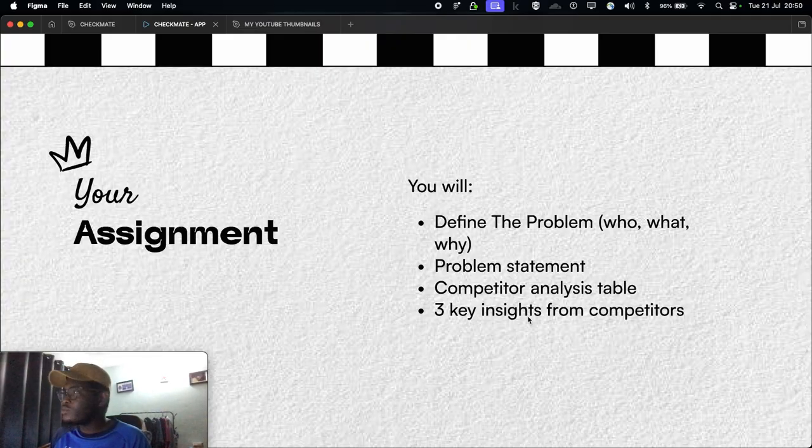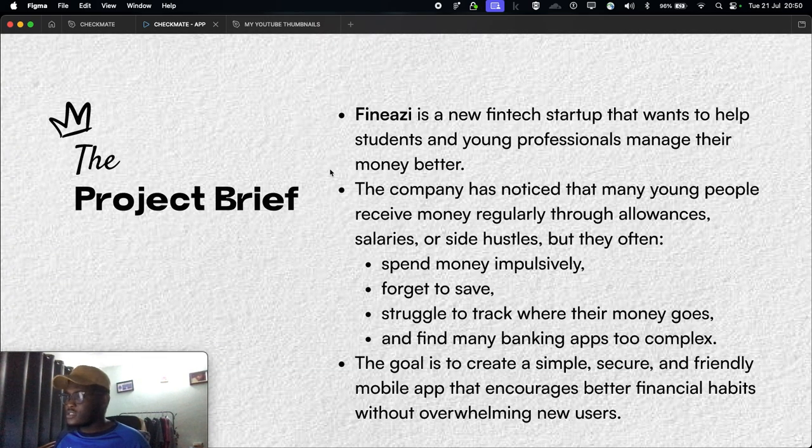Now, the last thing I would say before any question is, sometimes clients don't give you a detailed brief, but that's why you ask questions. If a client just reaches out and says, I have a fintech startup and I want you to help me build an app for students and young professionals to manage their money better, and it just ends there, you have to ask questions.